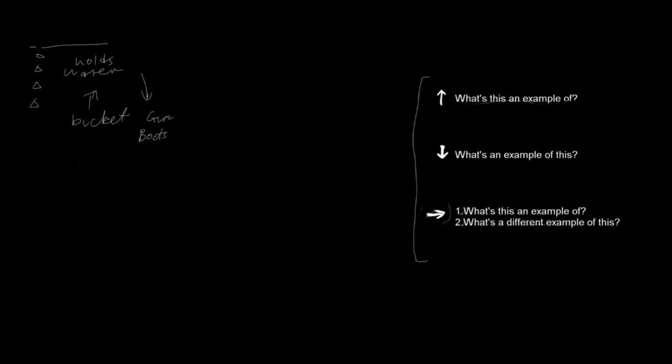So, for example, if I said car, and I said go down from there, and you said wheel is a part of a car, so no, that doesn't work. But if you said red car, well, a red car is an example of a car, and that can work.